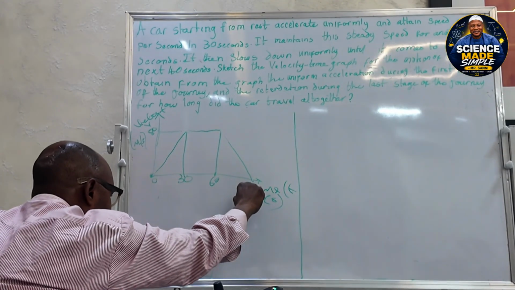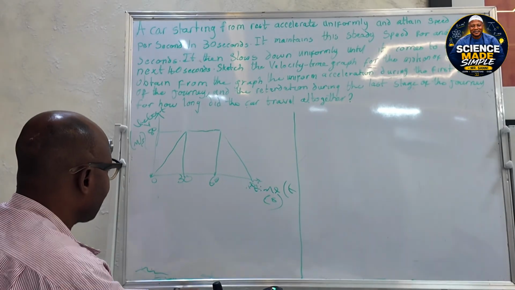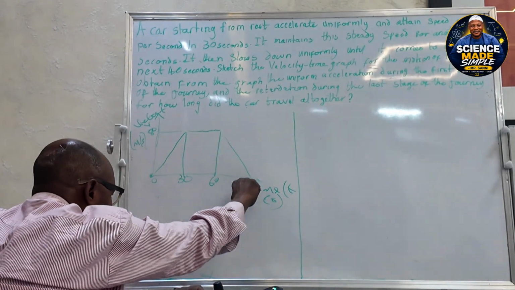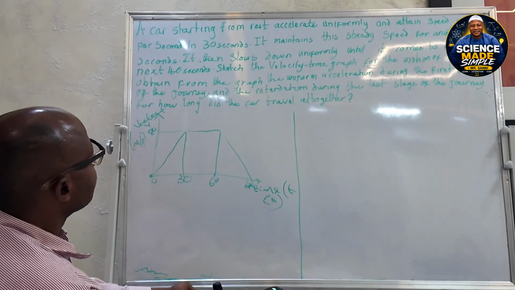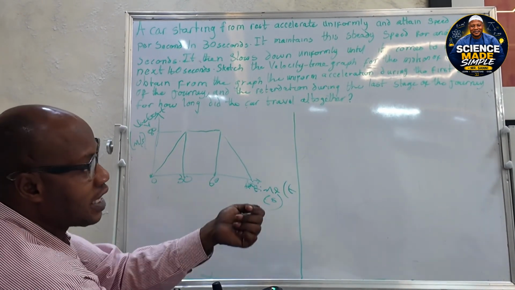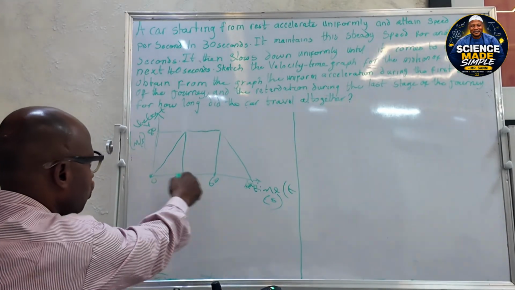This will be 100. Sketch the velocity time graph for the motion of this car. That is what I've just done.